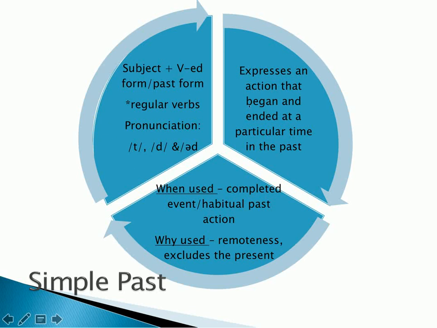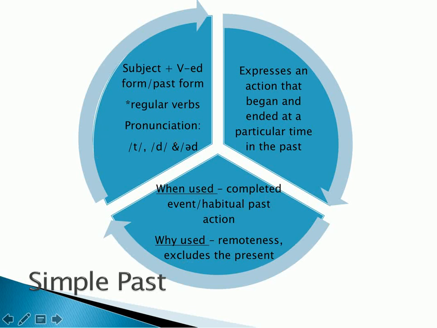The simple past expresses an action that began and ended at a particular time in the past. It's used with completed events and habitual past actions. And its use for remoteness excludes the present.